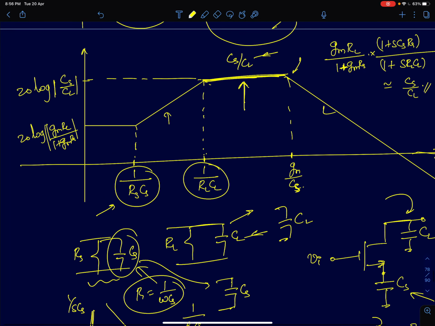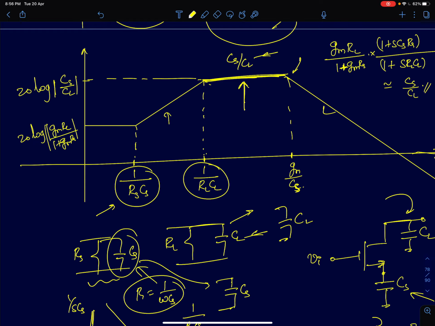So with this, our discussion on the frequency response of common source amplifiers is complete. The important point we discussed in common source amplifier is that it suffers from the problem of the Miller effect. So the capacitance CGD gets multiplied by a huge factor and appears as a large capacitance at the input, and that tends to reduce the bandwidth of the system.